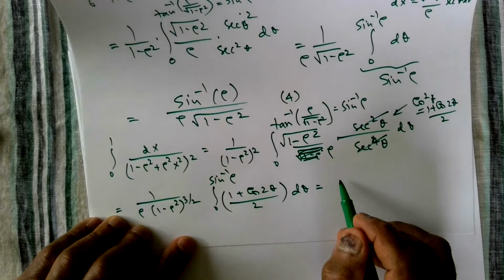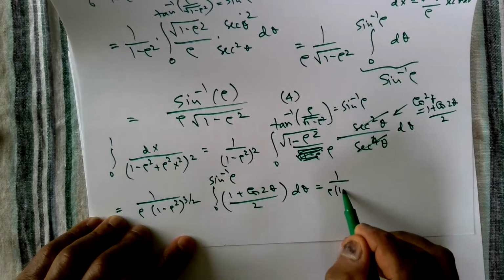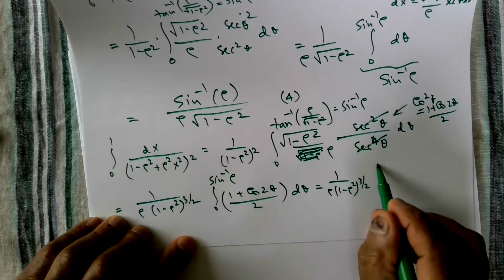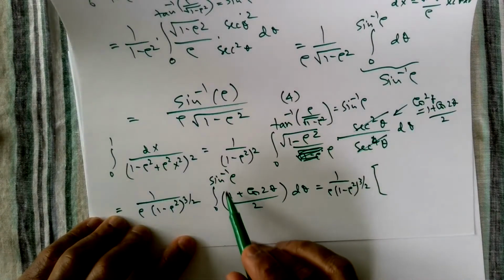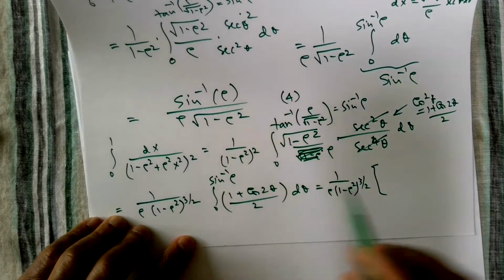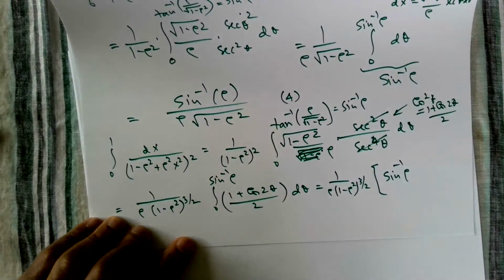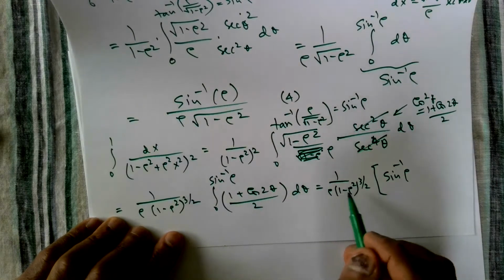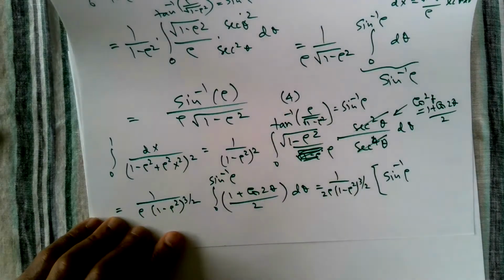So this will turn out to be 1 over rho multiplied by 1 minus rho squared to the power 3 by 2. So the first integral is simply d theta, theta, top limit minus bottom limit, you get sine inverse rho. And the second integral is cos. Notice there is a 2 also here, so I'm going to pull out the 2 here. And the second one is cos 2 theta, that is sine 2 theta divided by 2.